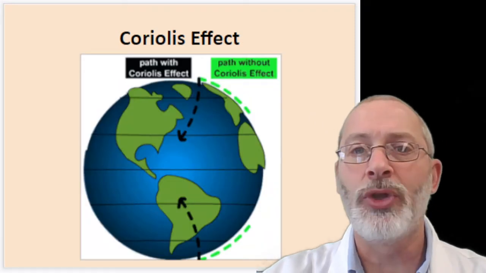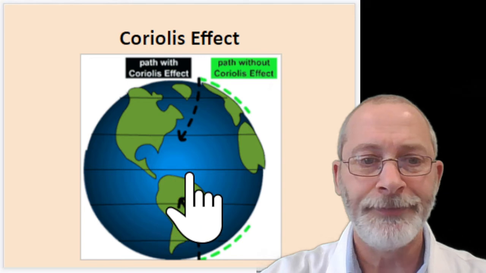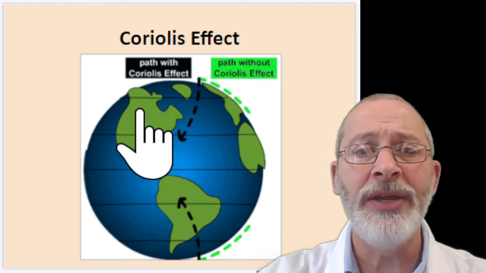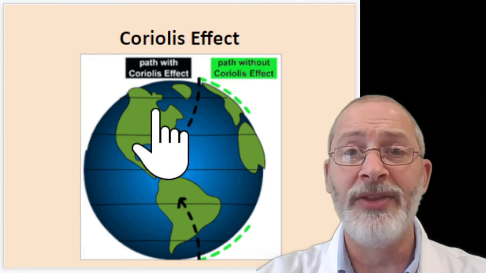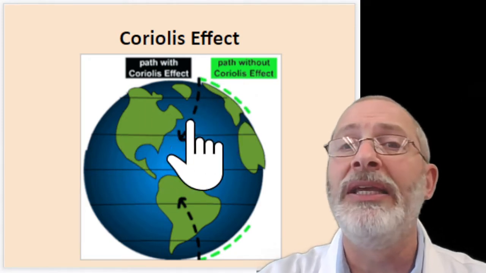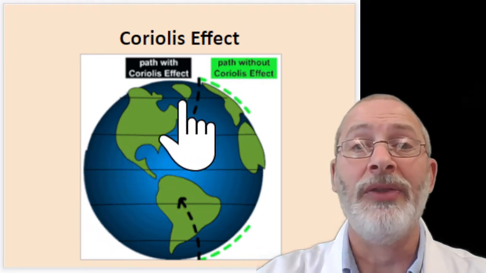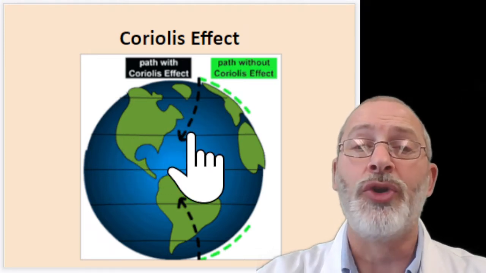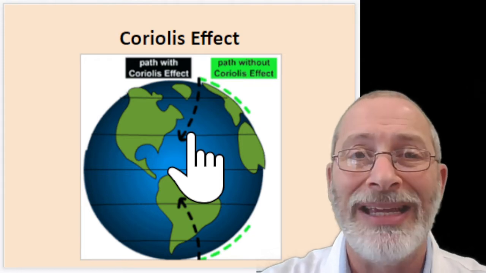So again, the Coriolis effect basically states this. If you are in the northern hemisphere and the air is traveling somewhere, or you are traveling somewhere in the northern hemisphere, the Coriolis effect will always shift you to the right.